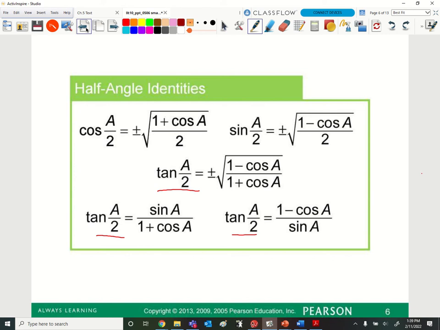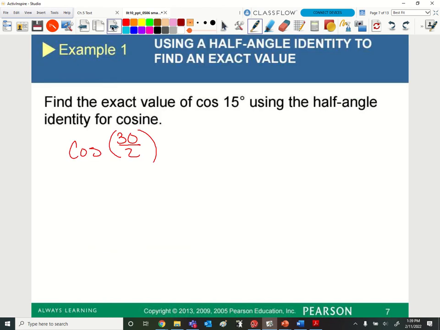In this one, it's asking for the cosine. So it's going to give me cosine of 30 over 2 is equal to plus or minus the square root of 1 plus cosine of 30 over 2.